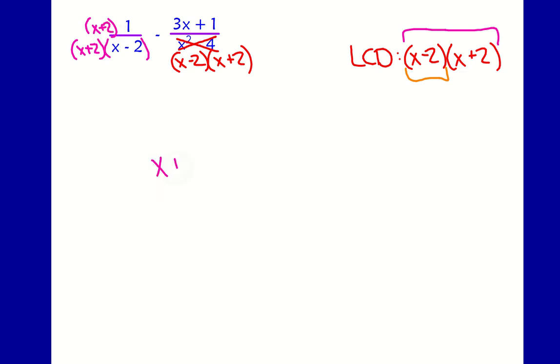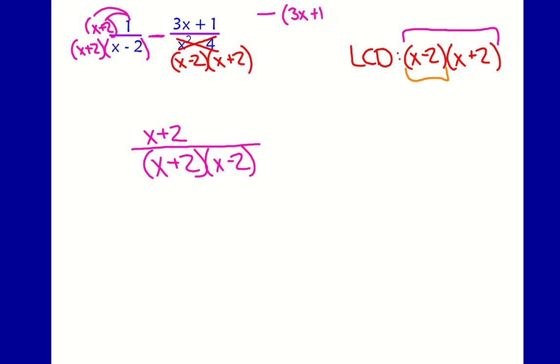When I do that, I'll have x plus 2 times x minus 2 on the bottom. And on top, let's see what I would get. I would have 1x plus 2, distributing, although it's a 1, so there's nothing to distribute. Here, be careful on this subtraction problem that we're subtracting the entirety of the 3x plus 1. So the fraction bar functions as parentheses for the numerator and denominator, and I need to think about that as minus quantity, 3x plus 1.